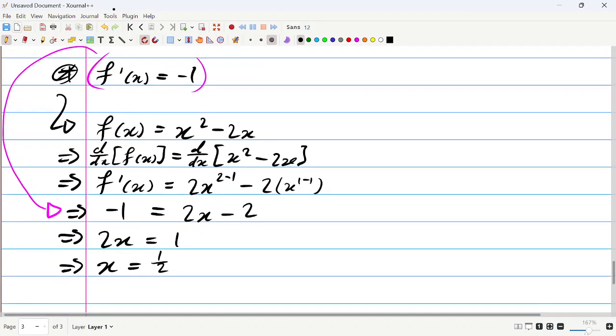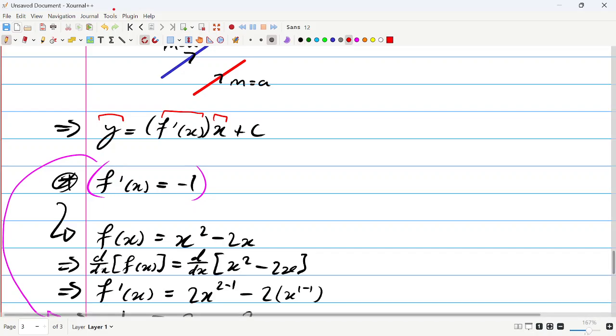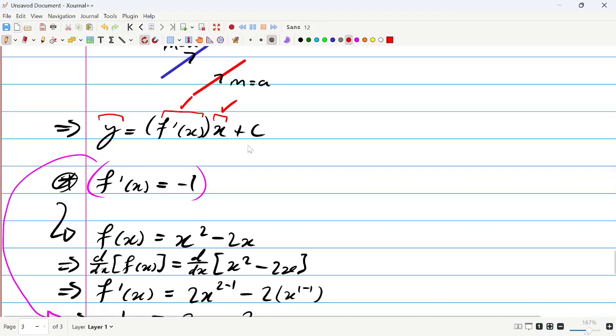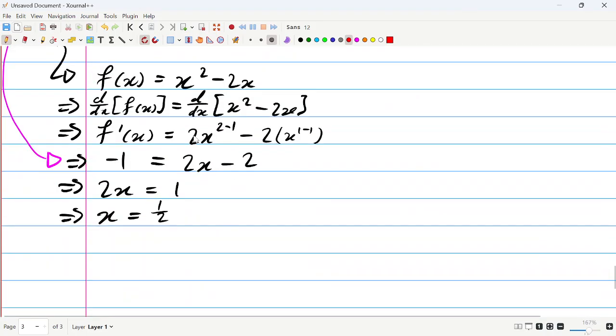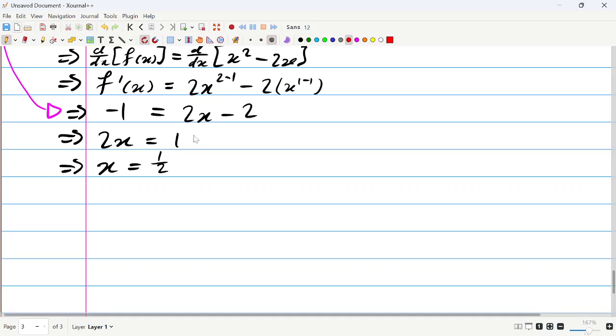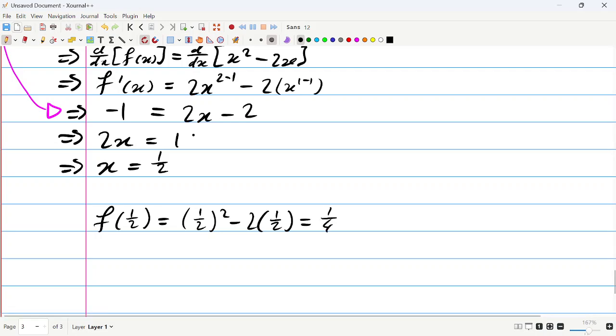So guess what we just found? We just found x. And we already knew what f prime of x is. All we need to find is just y, and then we can solve for c. So to find y, we just plug x into the original function. So f of 1/2 is going to be equal to what? 1/2 squared minus 2 times 1/2, which is equal to 1/4 minus 1.